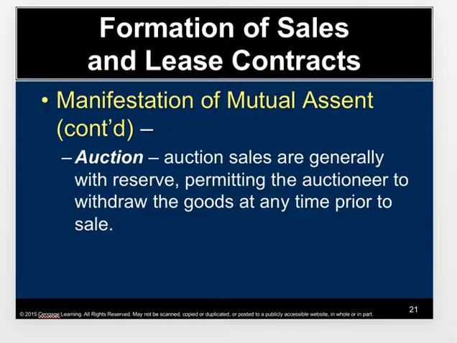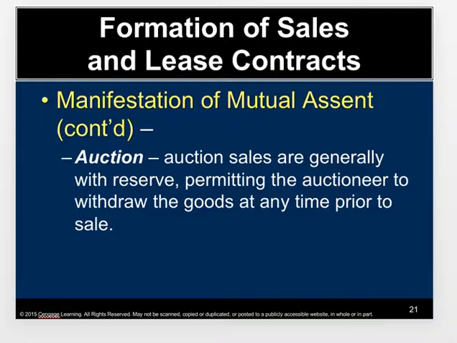What about an auction? Well, auction sales are generally with reserve, permitting the auctioneer to withdraw the goods at any time prior to the sale. So the way auction sales work and the way reserves work, let's say that I have a painting that I'm going to put up at auction. I allow people to bid on my painting, but I'm going to have a reserve, and I may or may not tell you what that reserve is.